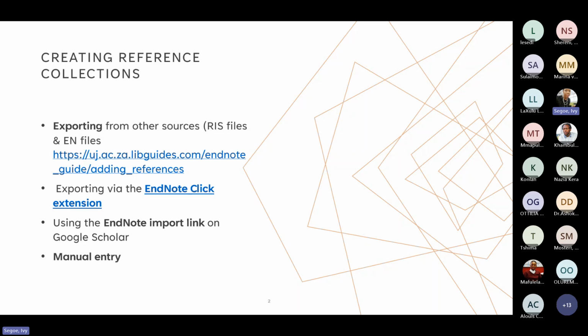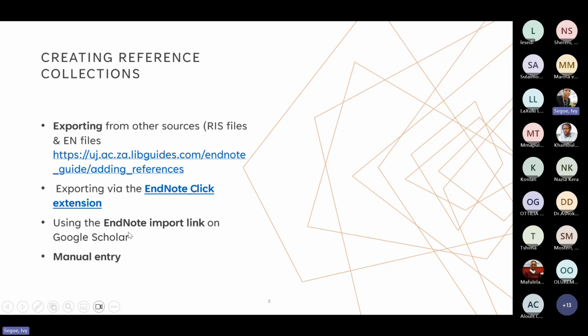So the information about the reference that you use or the PDF, you can get that into EndNote. So that is what EndNote Click does. And I have hyperlinked the phrase EndNote Click extension, so you can later go to the URL and download the EndNote Click extension, as it is quite helpful.